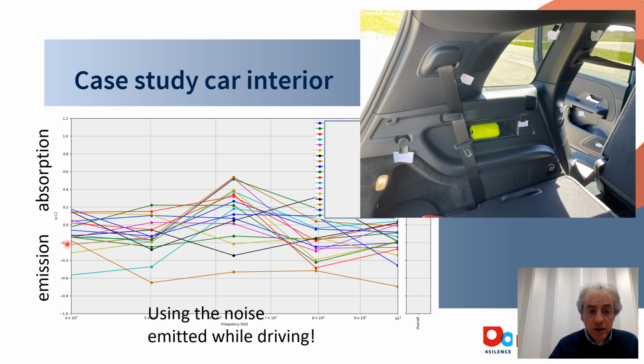You see all these lines for the different positions or different small scans that we did, showing whether the position is absorbing, if it's above zero, or whether it's emitting noise. So here you have positions where the emission efficiency is quite large. At these positions, you really have to do something, because this means there's very efficient sound propagation into the cabin.